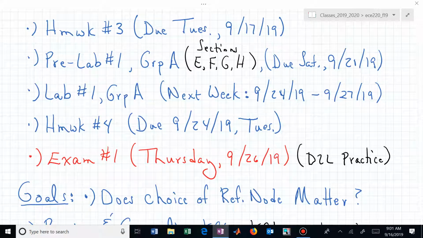All of that will be happening the same week as homework number 4 is due, which we're talking about material for, and you have your exam next Thursday. Your first exam is next Thursday.